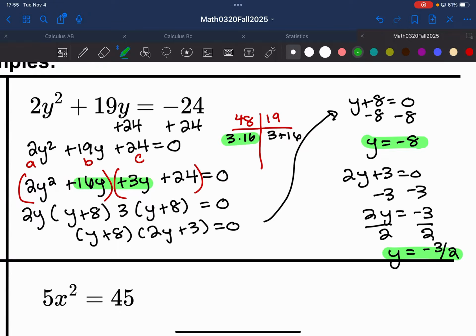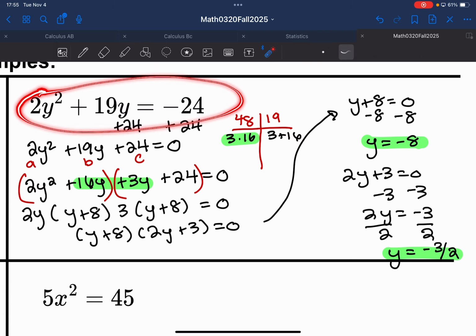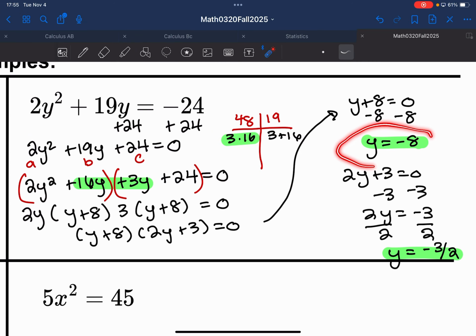Okay, so if it asks you to take this equation and find the solutions, that's what we're doing in this process. We're factoring, setting the factors equal to 0, and we found two solutions, negative 8 and negative 3 halves.